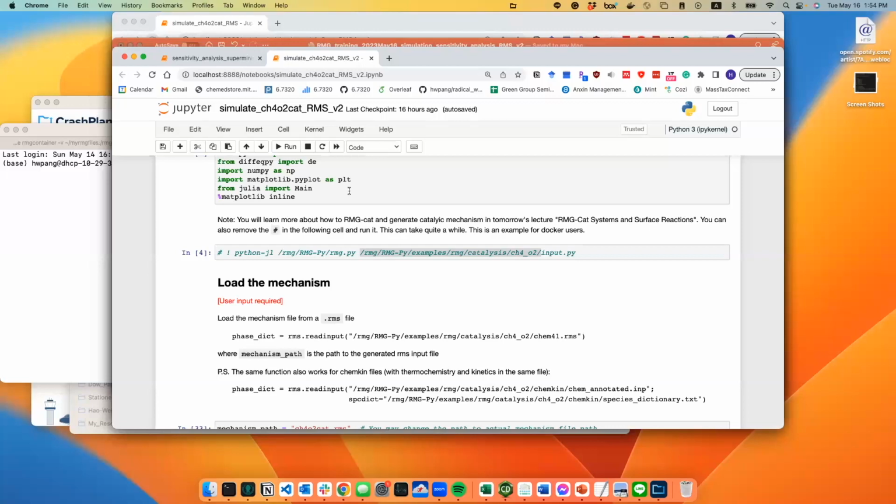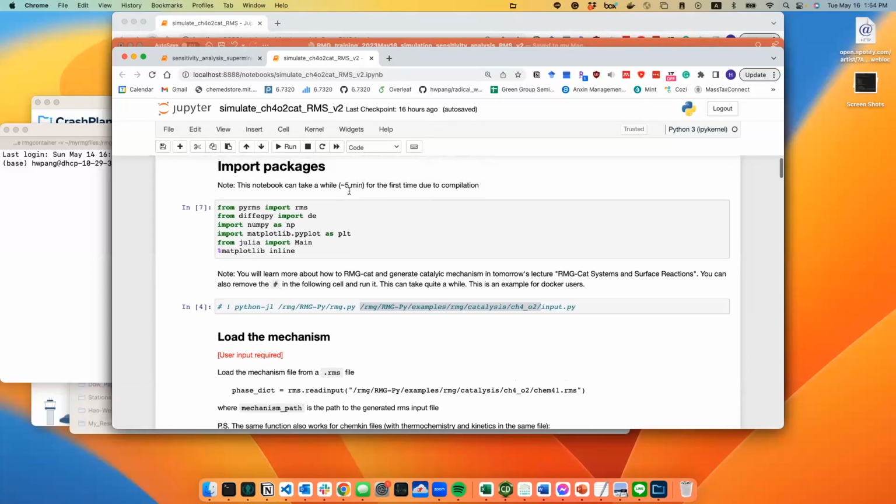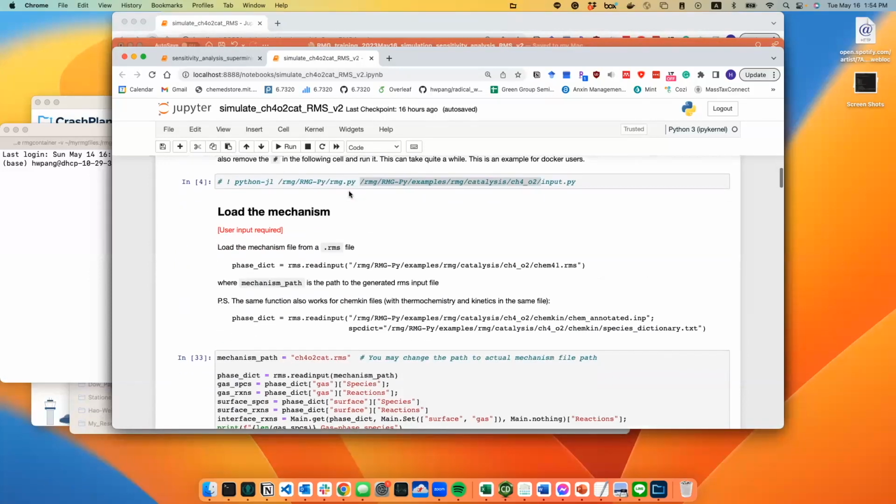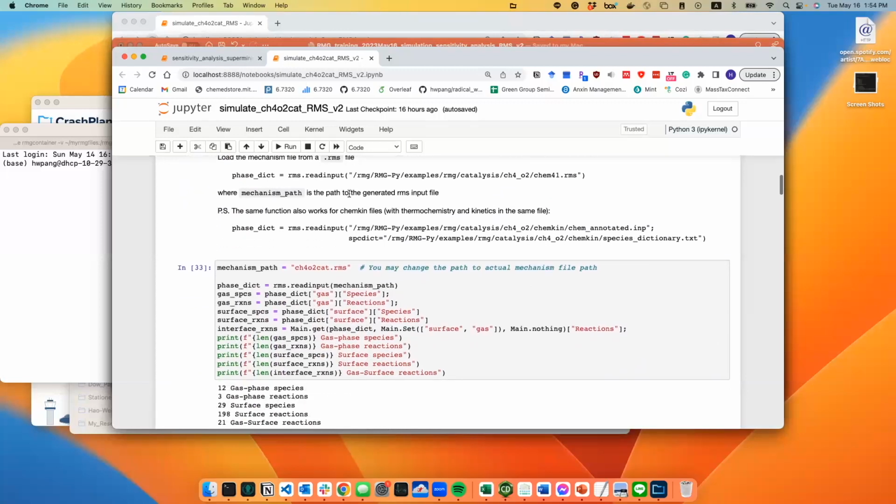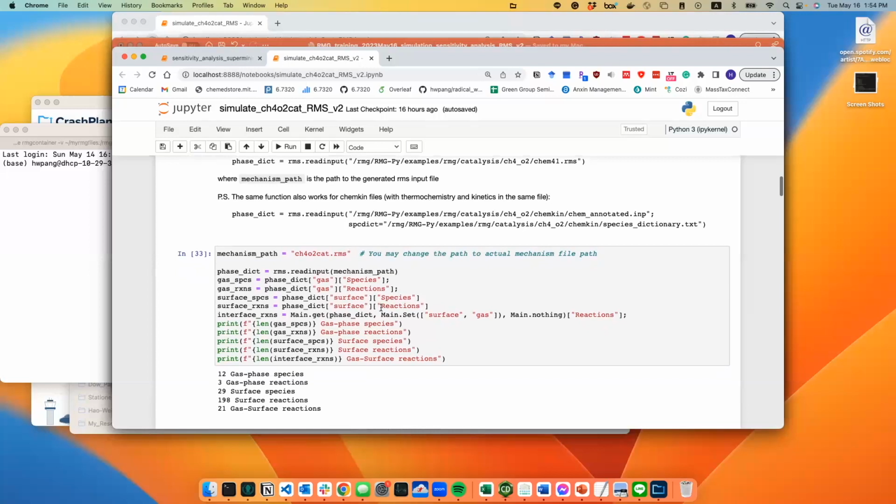Thank you. I'm gonna just go through what it's doing. It's basically very similar to the notebook that we ran yesterday on the super minimal example, but this one is multi-phase. So it basically does the same thing. We import packages, we load the mechanism, and it's doing something slightly different here because now this mechanism contains two-phase information.